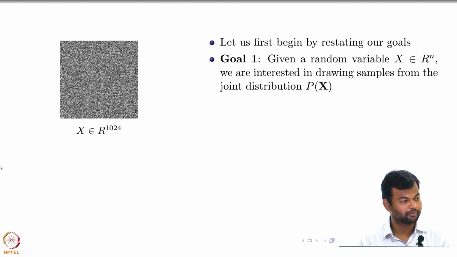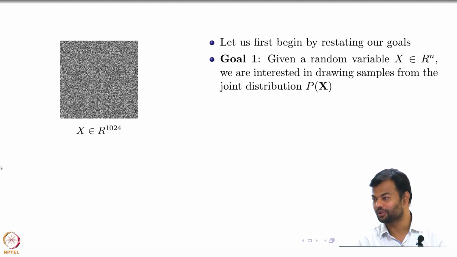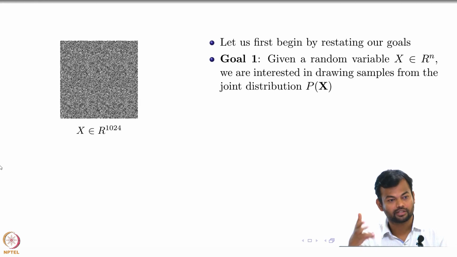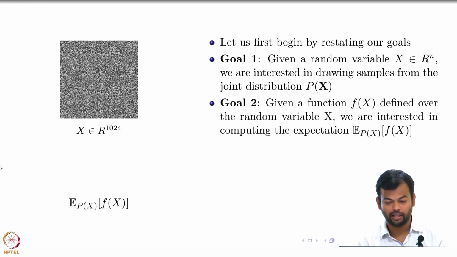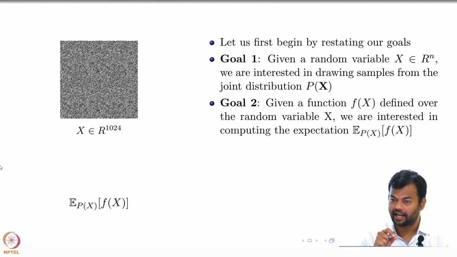So we have this joint distribution over these n or 1024 random variables, and we want to draw samples from this joint distribution. And the other, related thing that we're interested in is that, given an arbitrary function f of x, a function of these random variables, we want to compute the expectation of this function under this distribution.